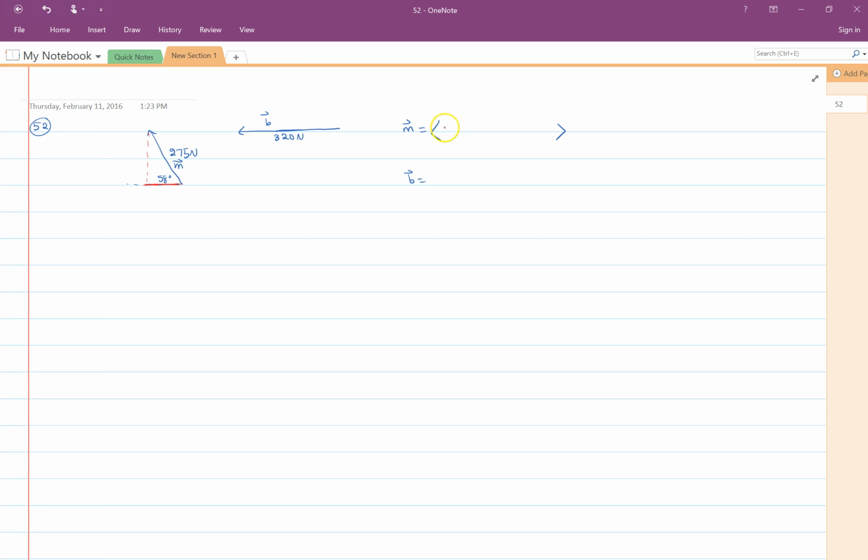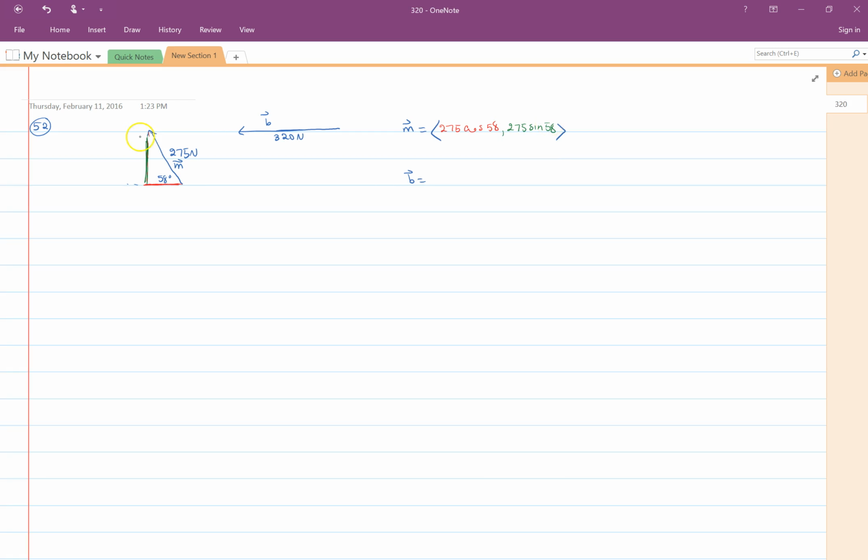So it's the magnitude times the cosine of 58. That's the X component. Now the Y component is this one. It's the opposite side, so it's sine. So it's 275 sine of 58.